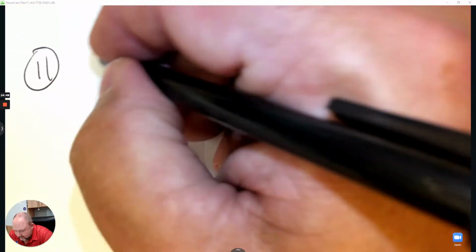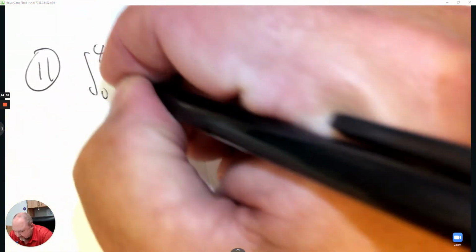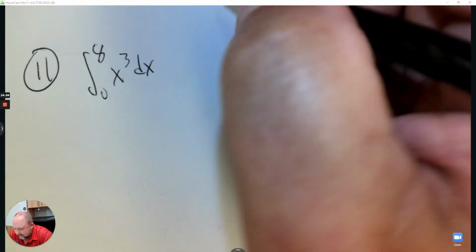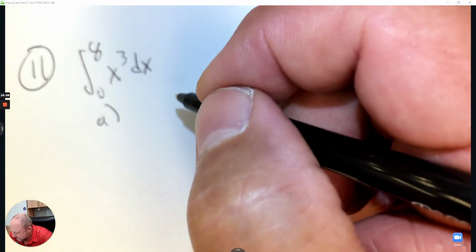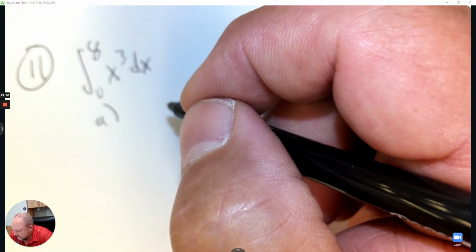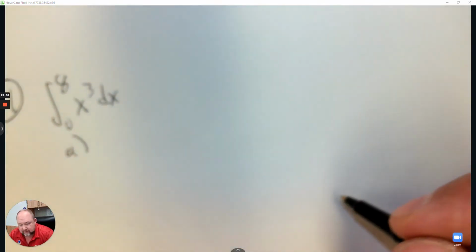In number 11, you're integrating from 0 to 8, x cubed dx. It says, first, sketch graphs and approximate the values, and we're using a Riemann sum and a trapezoidal rule.